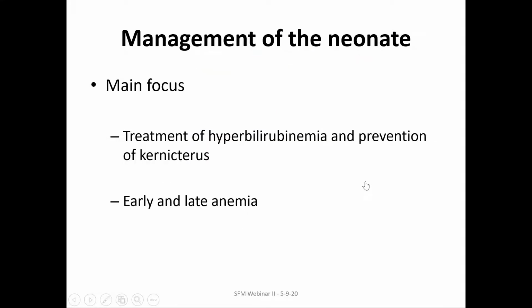Now, the main focus in the management of the neonate is not the treatment of anemia, as we would expect. The mainstay, and the main focus, has to be on the treatment of hyperbilirubinemia and prevention of kernicterus, because this is far, far more dangerous a proposition than early or late fetal anemia.